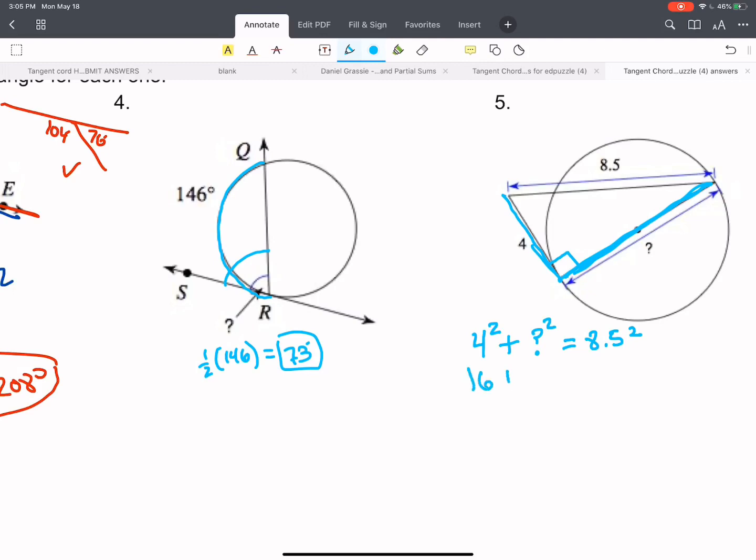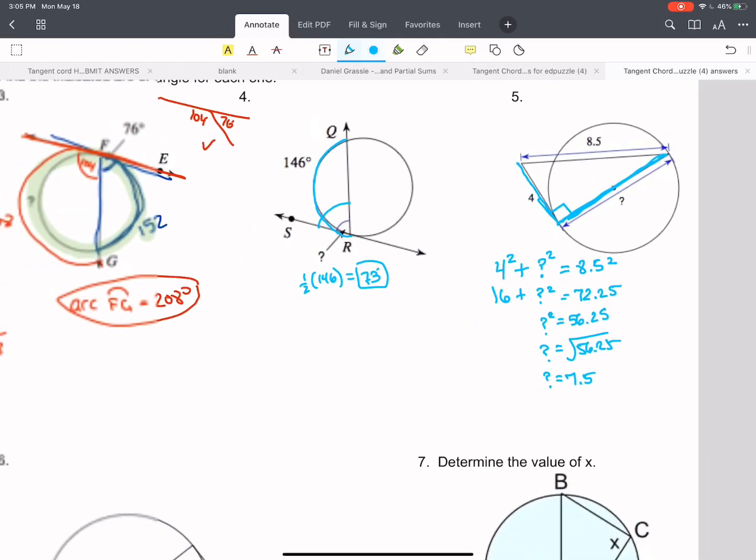So that's 16 plus question mark squared is equal to, and you type it in, 8.5 squared, and that's 72.25. So question mark squared, I subtract 16 from both sides, and I get 56.25. Then I take the square root of that, and the square root of that is 7.5. That's it. Good job. Let's move on.